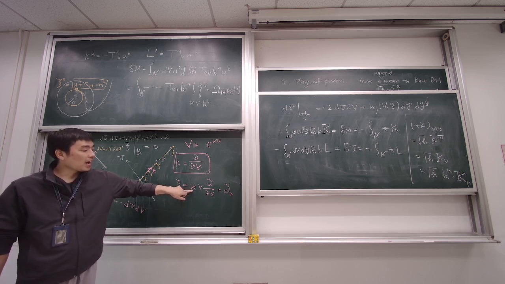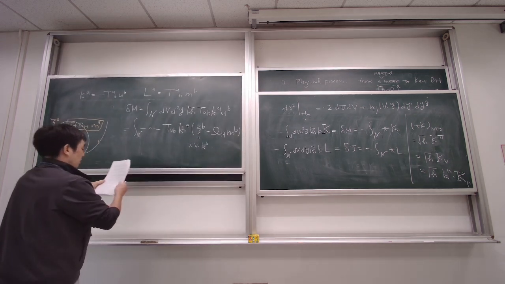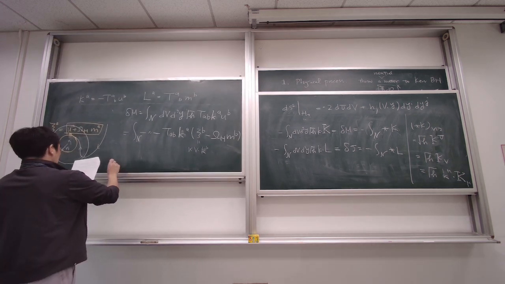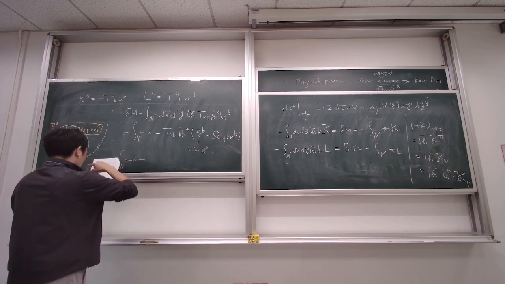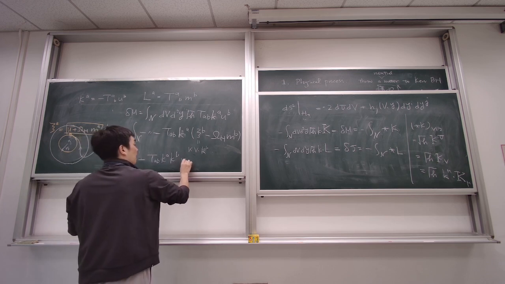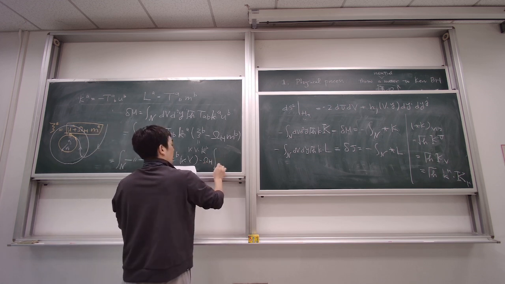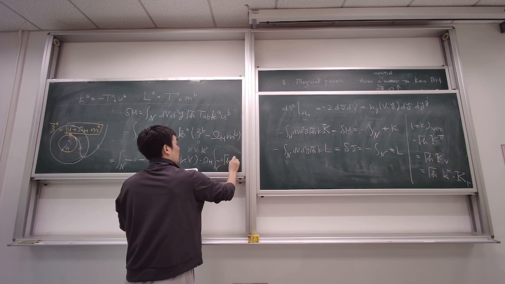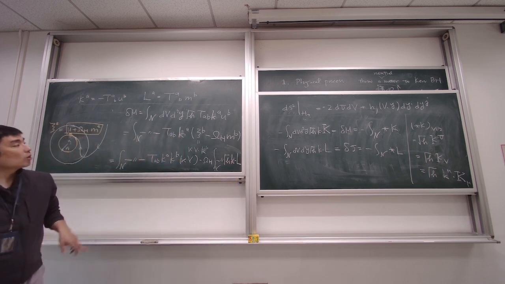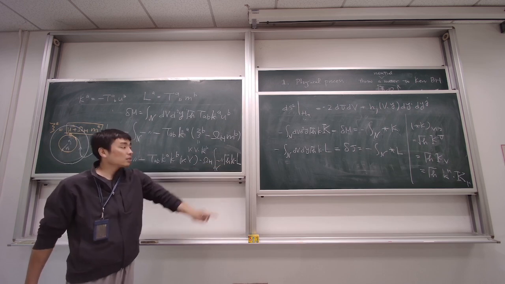They are related by kappa times V. So plugging this into here, we get the integral of n with the same measure, T_ab k^a k^b times kappa times B, minus omega H times the same integral of n and square root h, small k dot L. We already know that T_ab m^b will give you capital L dot k.